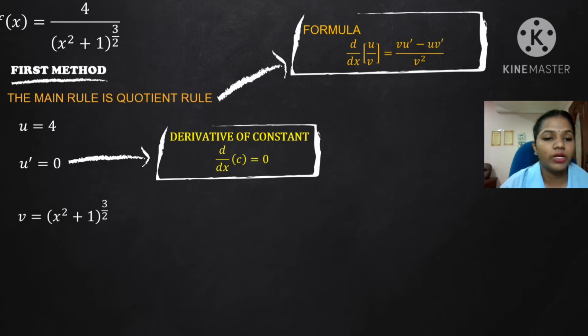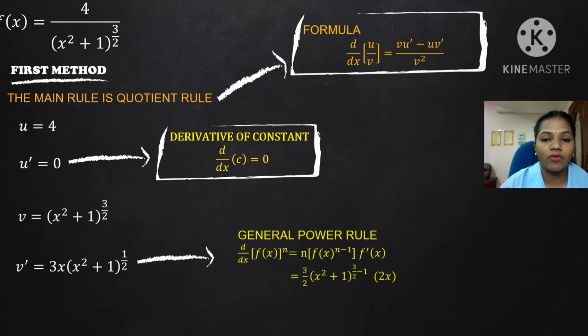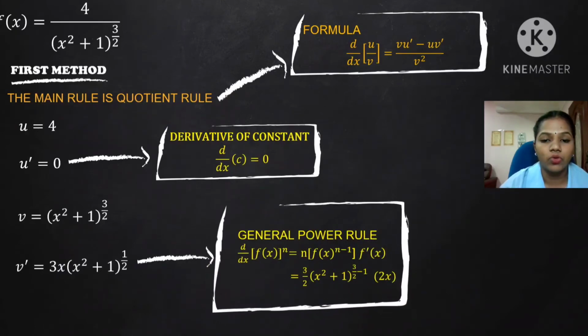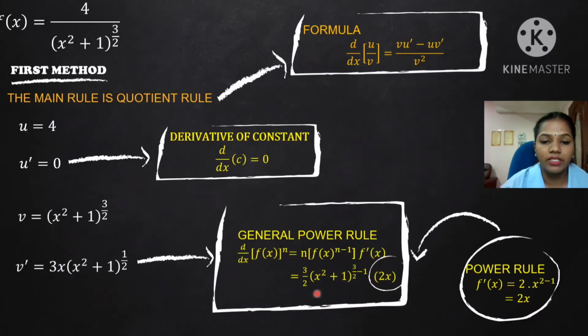For v, we copy the denominator, and for v prime, we derive v. This derivation involves the general power rule. After that, we simplify: we multiply 3 over 2 times 2x, and we get 3x, and then at the back 3 over 2 minus 1 gives 1 over 2.